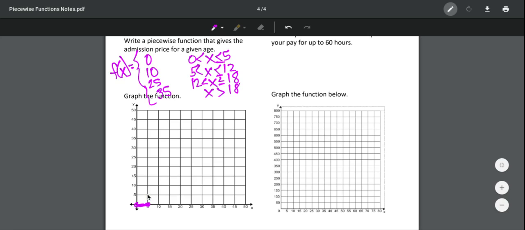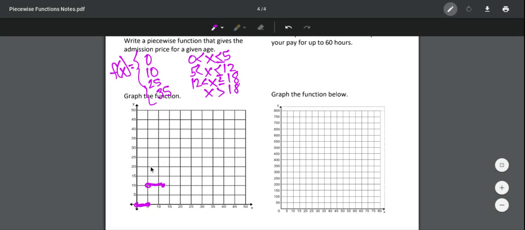And from 5 over here to 12, oops, I put that in the wrong place. The y value is 10, so it should be up here, right? So from 5 to 12, it costs them $10. Because remember, this is the y value here.